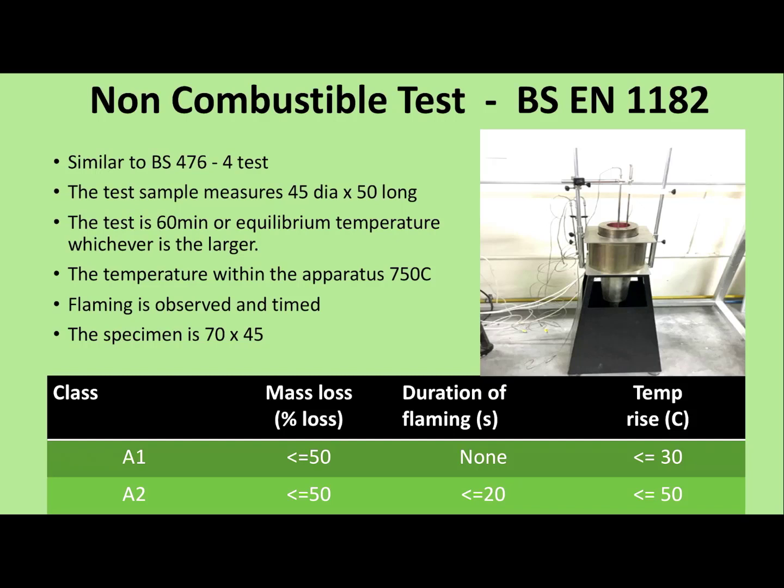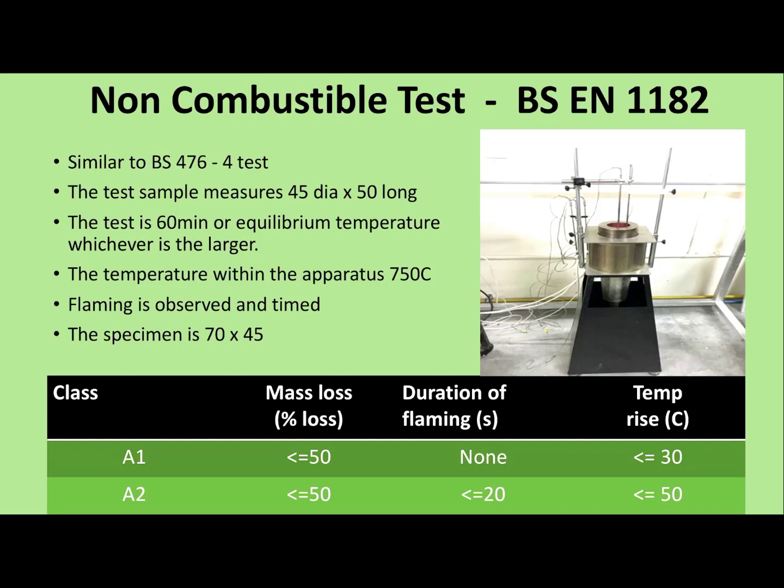So if you're looking for A1, then it can't lose more than 50% of its mass. We've already discussed that. It can't have any duration of flaming, although it will be allowed less than 5 seconds, because that's not considered significant. And the temperature rise of the furnace can't exceed 30 degrees.